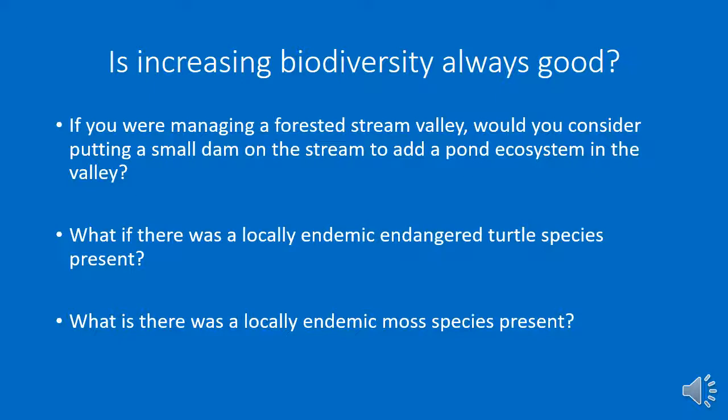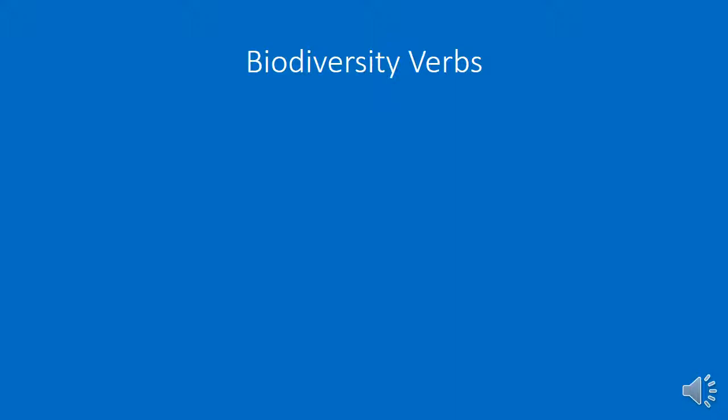And so it's kind of, well, it depends, right? Maybe it's good in some instances. It's usually good, but if it's going to harm some endangered species that's restricted to a small area, maybe it's not so good. So just think about that.